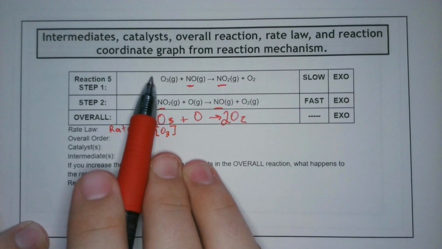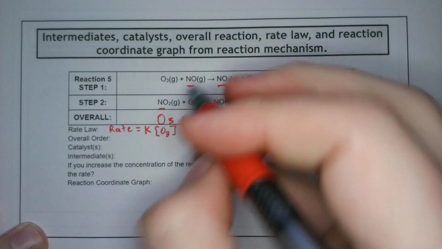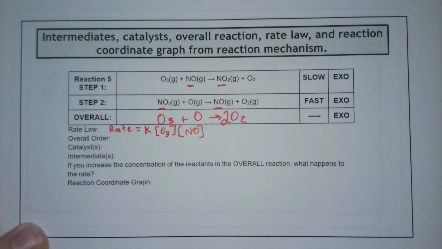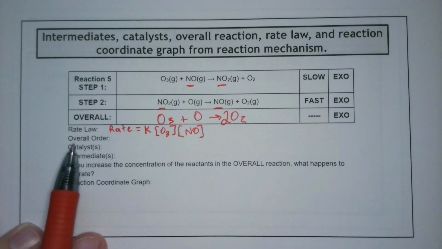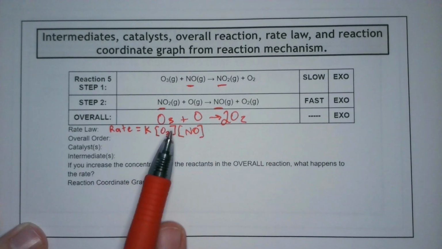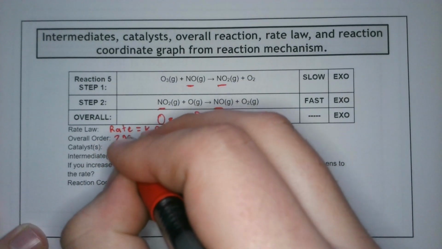It doesn't have a coefficient, so we just put a 1, and that means we don't have to put an exponent here. And your second is NO. And that is your answer for your rate law. The overall order, you have to look at the rate law, and you have to add up your exponents. Both of these are 1s, so your overall order is second order.